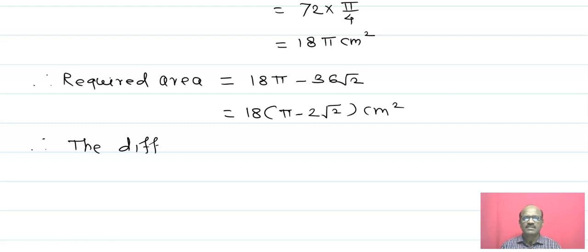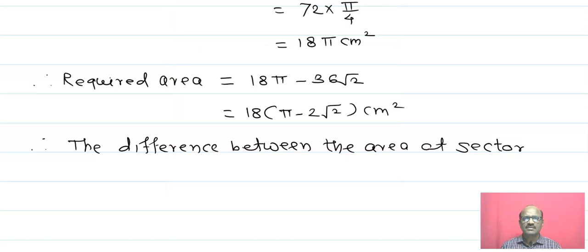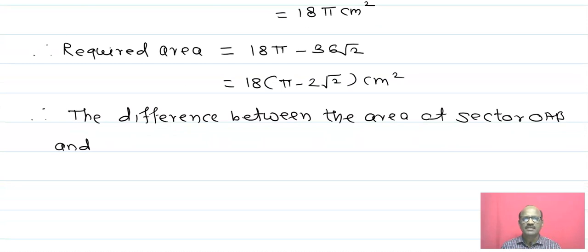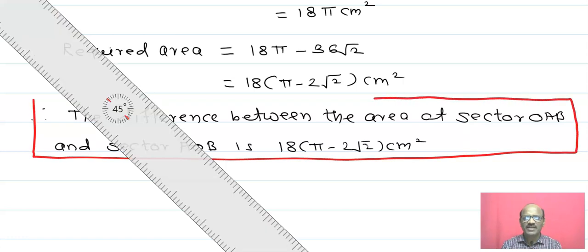Therefore, the difference between the area of sector OAB and the area of triangle is 18 in bracket π minus 2 root 2.